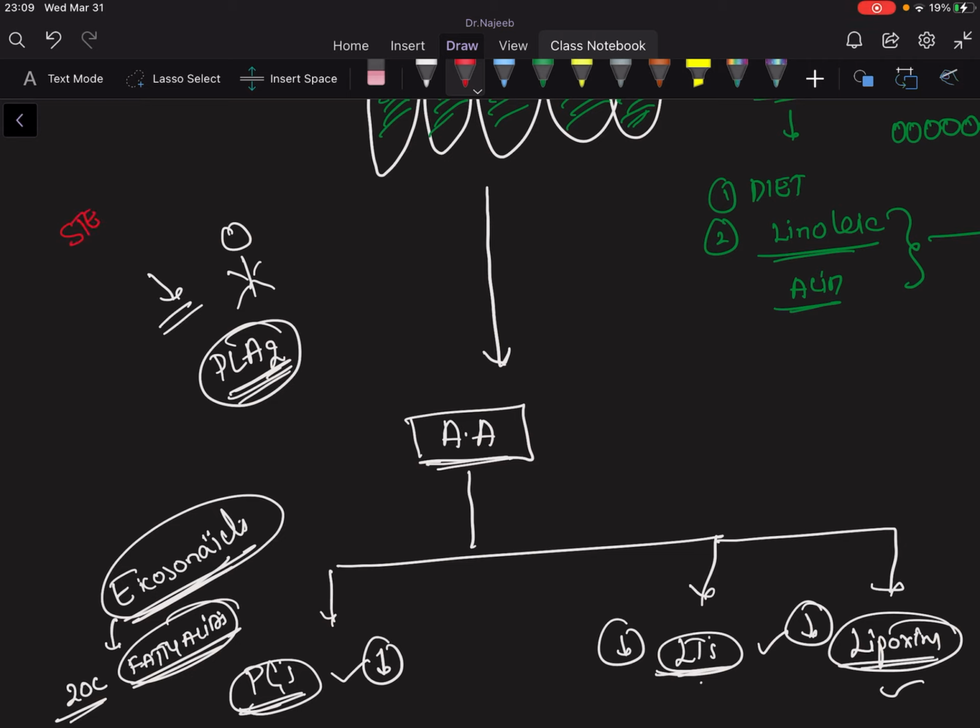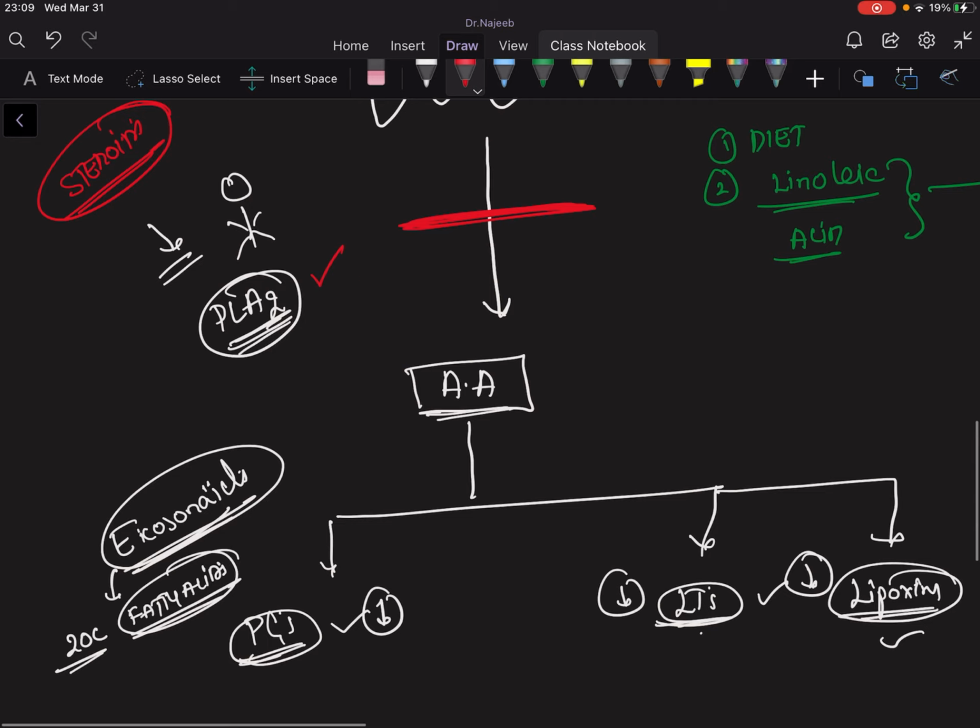Those are steroids, right? Steroids are the most potent anti-inflammatory drugs because they will inhibit the entire pathway here, the downgoing process of this pathway, by inhibiting phospholipase A2. So here is an important question and answer.